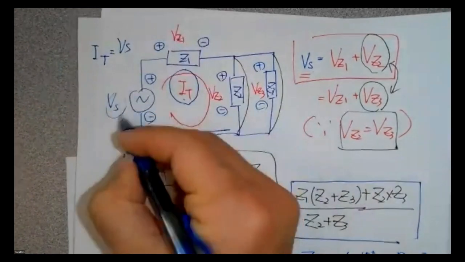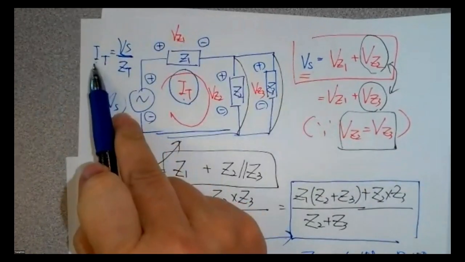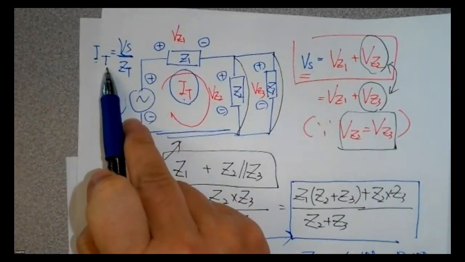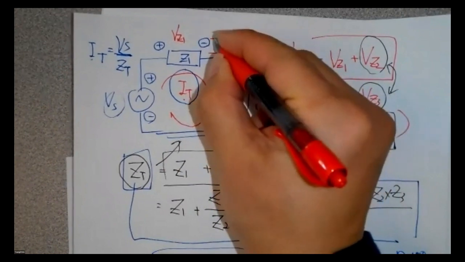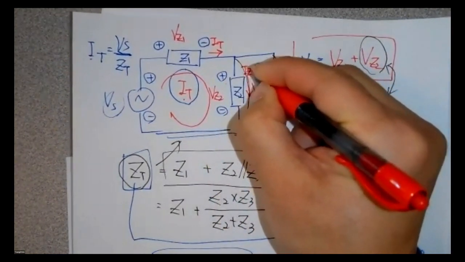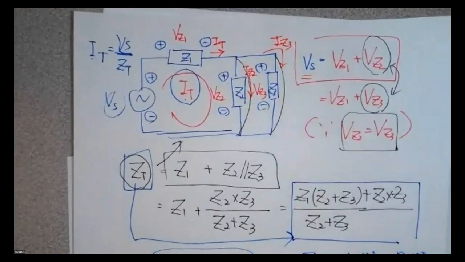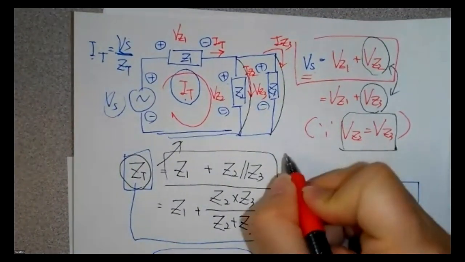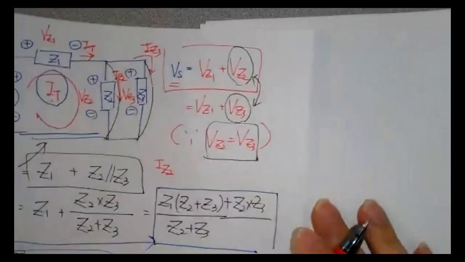V sub S divided by the total impedance, because the I sub T is the total current. So from here, that is I sub T, that is I sub G sub 2, that is I sub G sub 3. Okay. So I sub G sub 2, okay, I'm gonna rewrite it for you here.